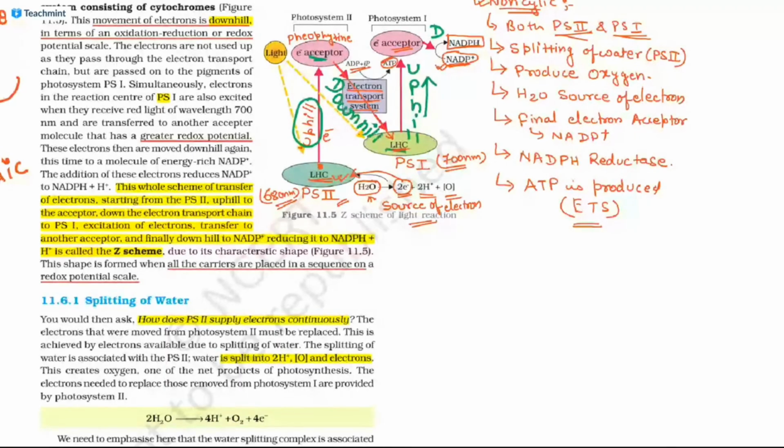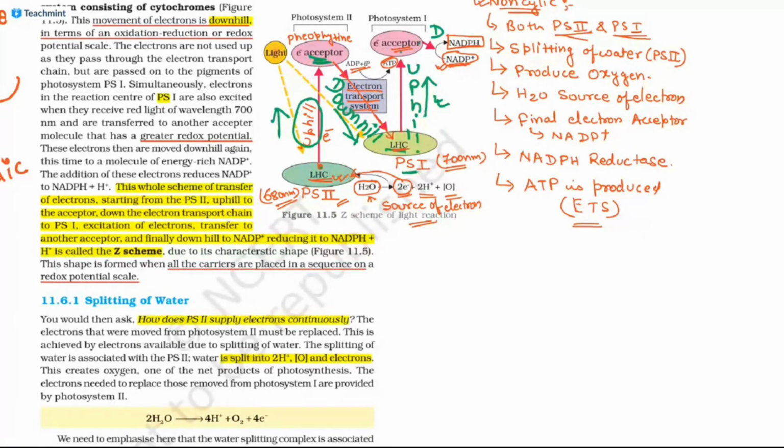So yes. Electron is moving first from LHC to electron acceptor, uphill. Then electron acceptor to photosystem 1, downhill. Then photosystem 1 to electron acceptor, again uphill. And then the electron acceptor to NADP plus, again downhill. So uphill, downhill, uphill, downhill. Now they may ask you only a particular step.